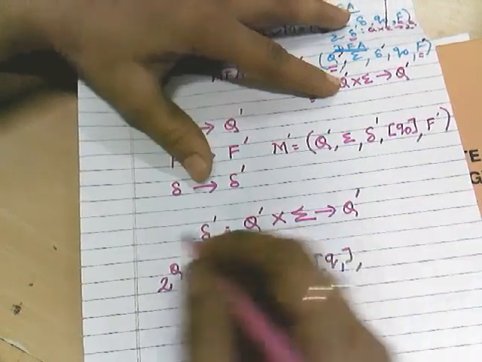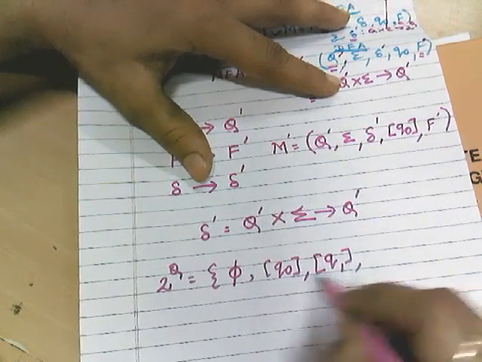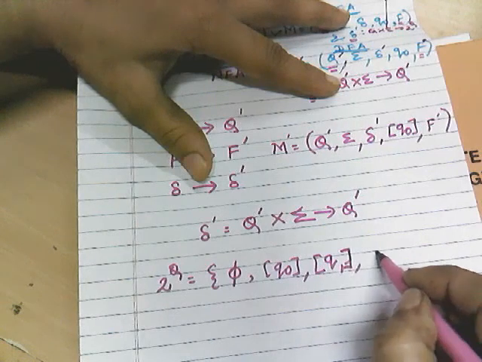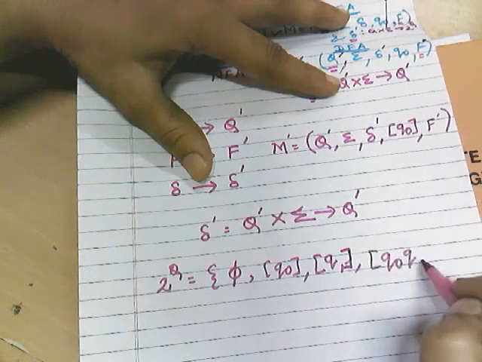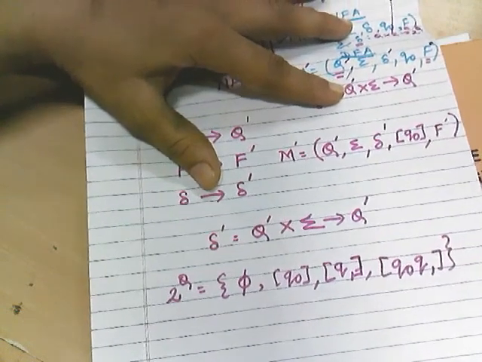So how many states will there be? 2 raised to the power 2, that is 4 states: phi, Q0, Q1 and Q0Q1. So these will be the states of the DFA.